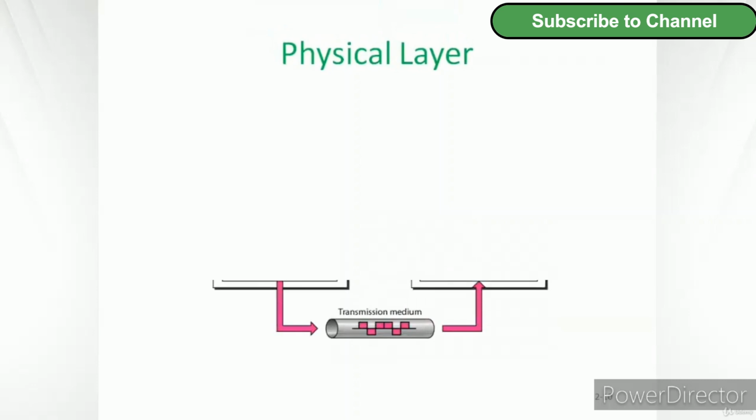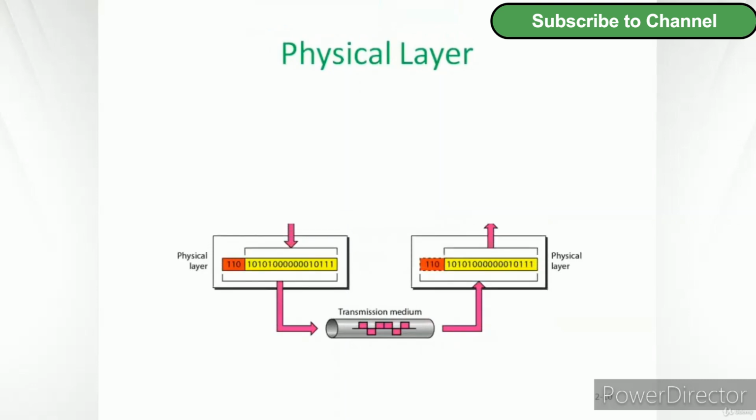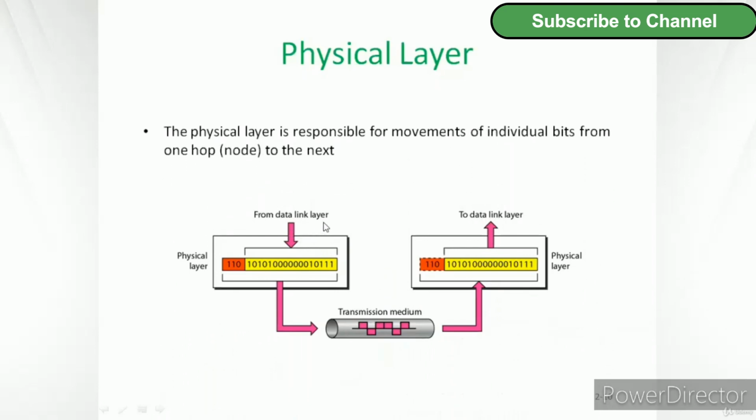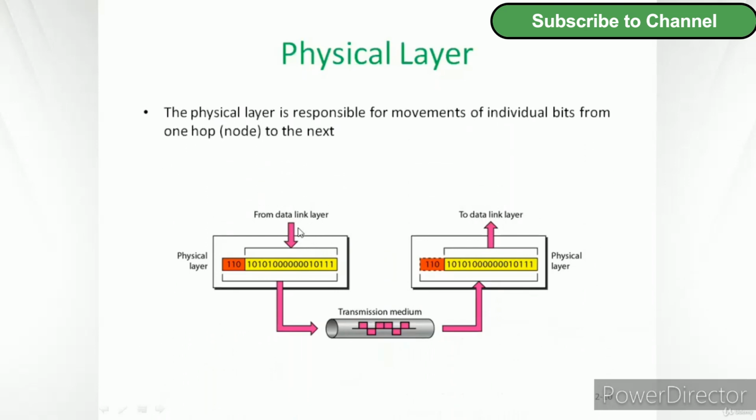Now, one by one, we will see these layers in detail. First, we will see the physical layer. You can see this figure, which is for the physical layer. It takes the data from the data link layer and transmits it through the transmission media, and it is again given to the data link layer at the destination, or we can say receiver.